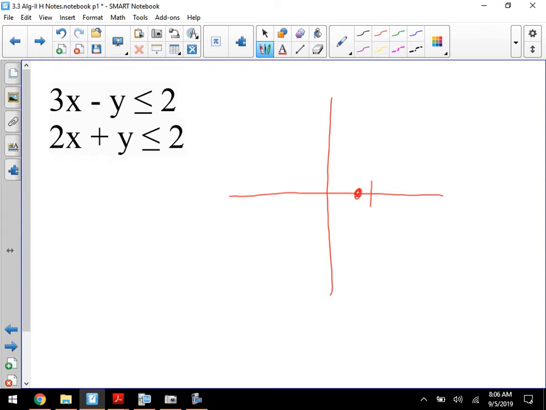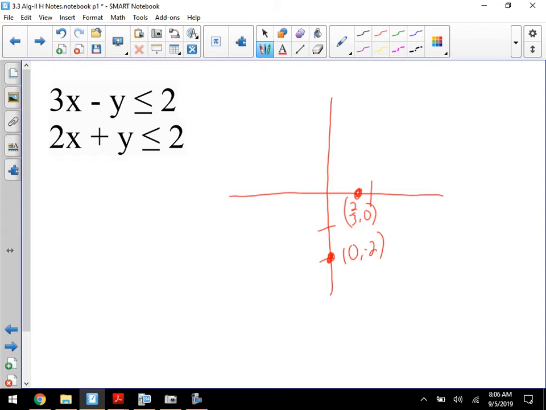I'm going to label it 2/3, comma 0. What's your y-intercept for that one? -2. Remember, just cover it and solve. So as you're spacing it, notice how you marked out 1 about that far. I marked it out the same amount on the other side, and I have a y-intercept at 0, -2.